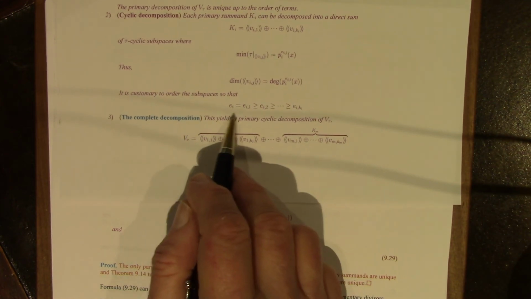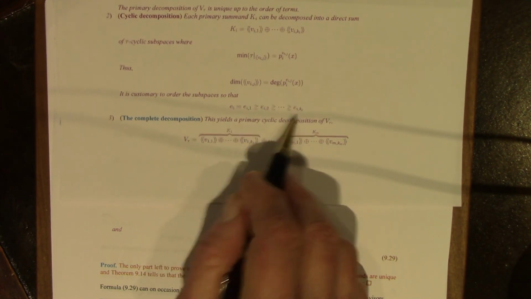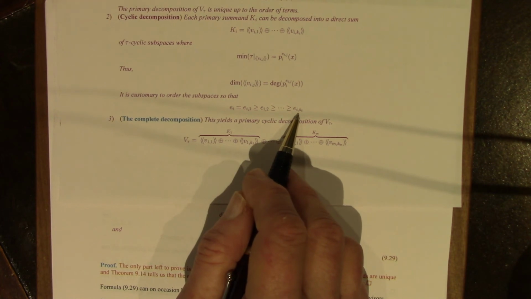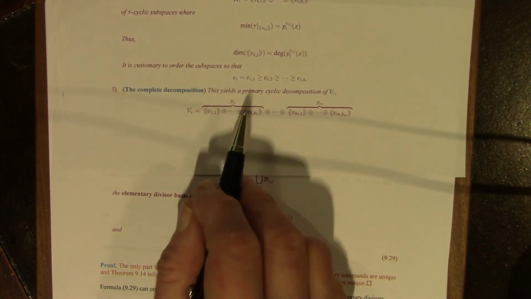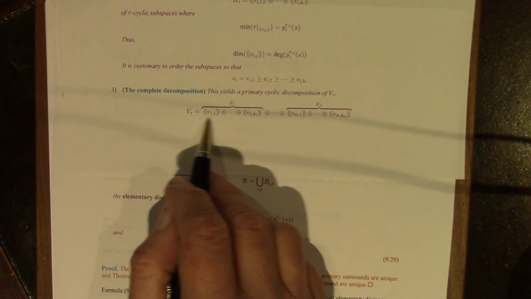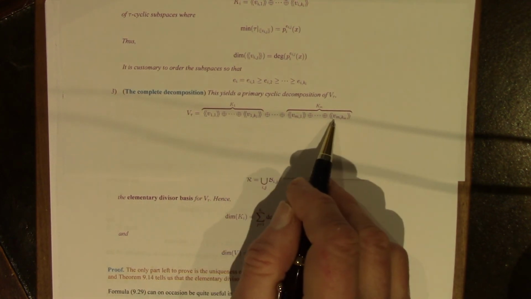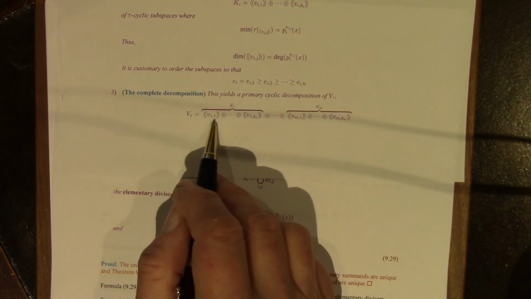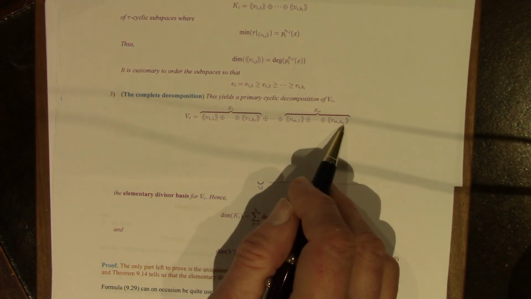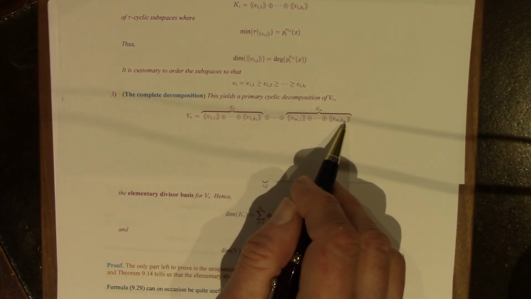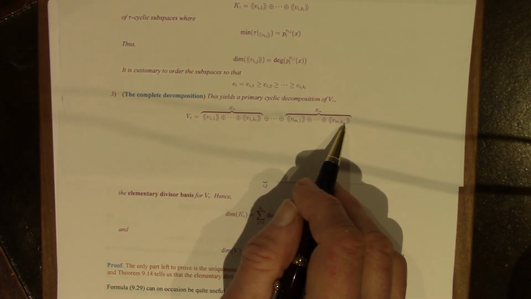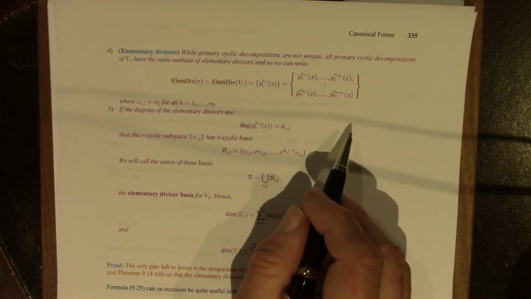And as I mentioned, it's customary to order the exponents this way. Piecing the two together, we get this massive decomposition of V sub tau into a direct sum of cyclic submodules, primary cyclic submodules.